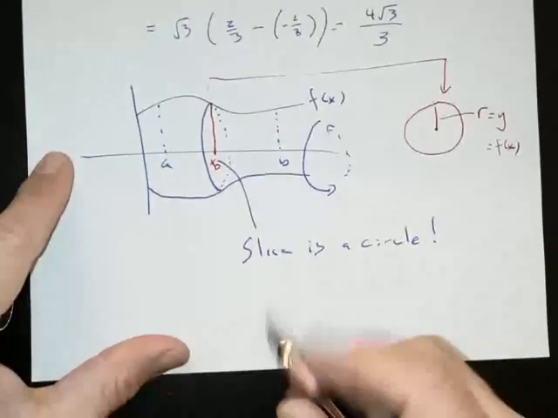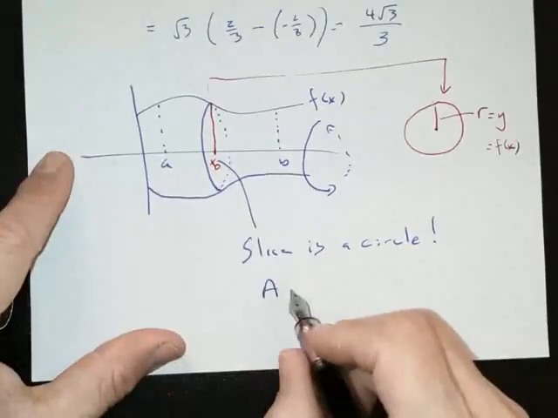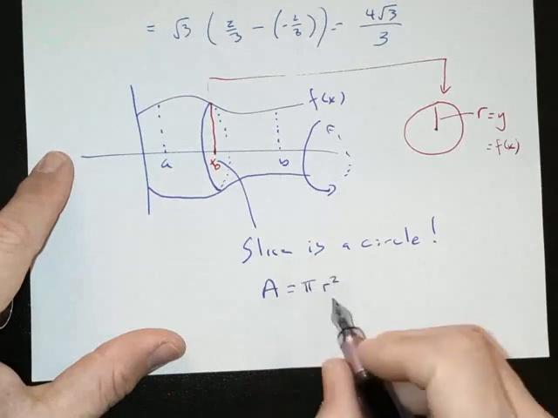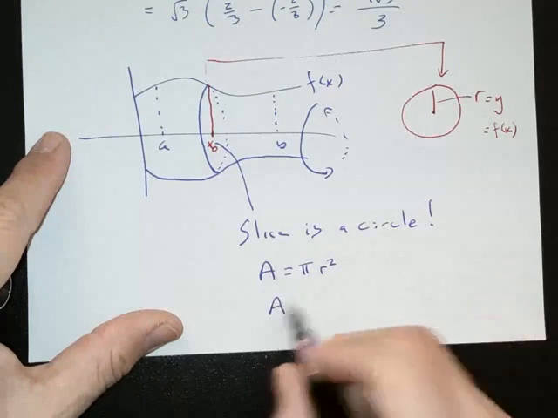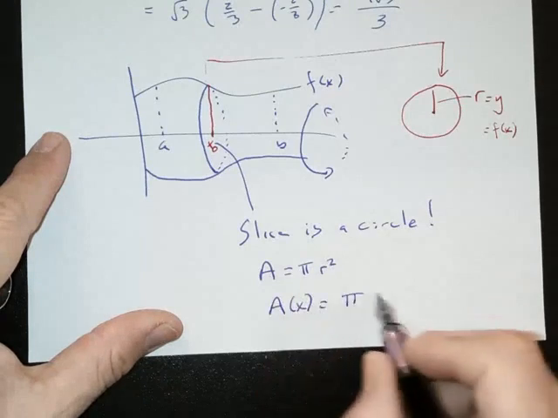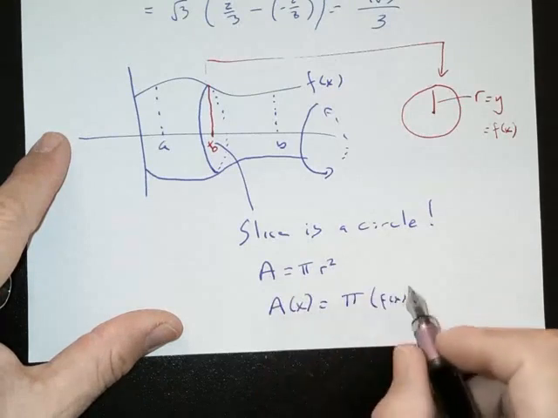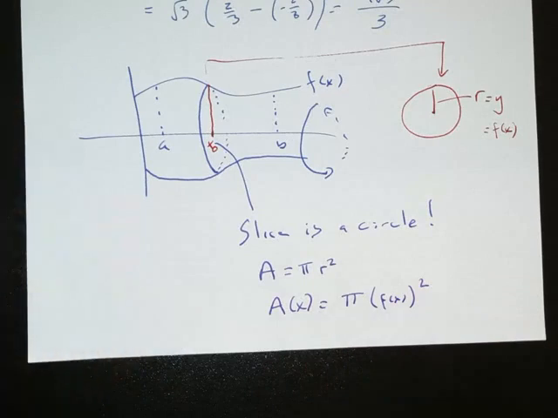Because Gavin, you told me the area is pi r squared, but r can be written in terms of my x. Which means the volume is the sum of all my little areas. It's the sum of my slices.